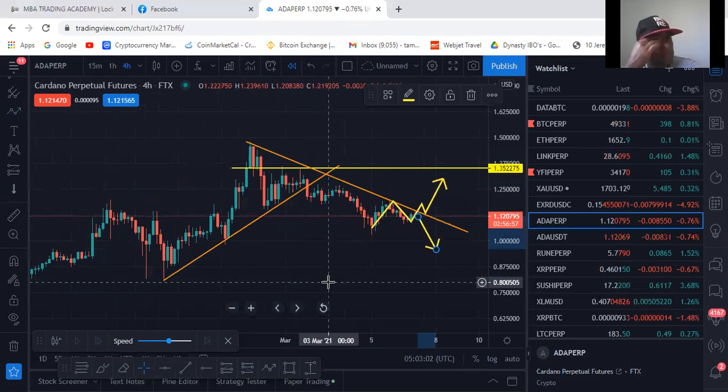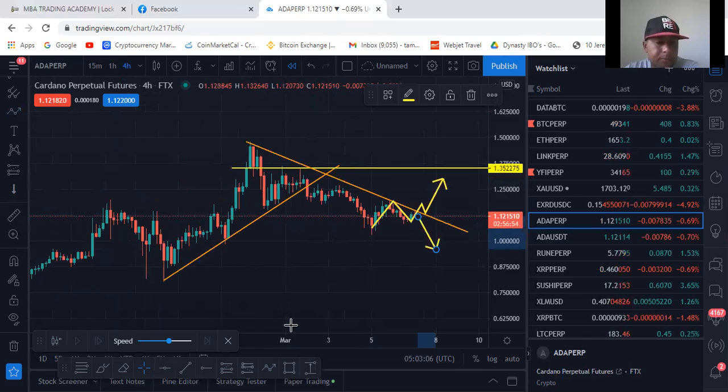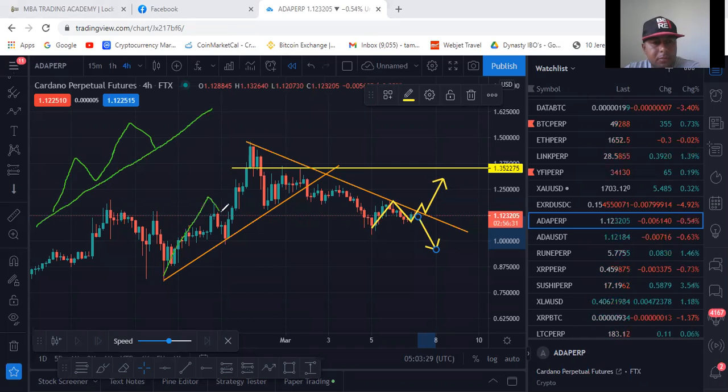So let's get some visuals. Let's just say, draw. So it comes up, down, up, down. That's your trend line right there. Up, down, up, down.